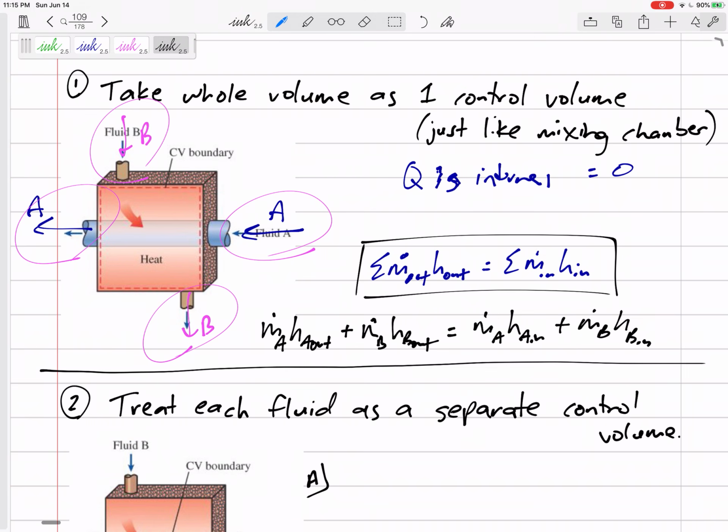You see that? We would do that if we have two inlets and two outlets. There's no need to do conservation of mass because A doesn't exchange with B, so the m dot of A is just the m dot of A. It's not different for the inlet and the outlet.